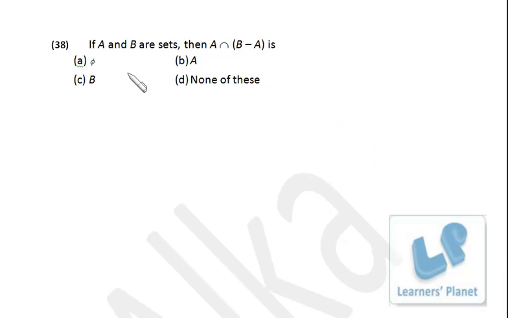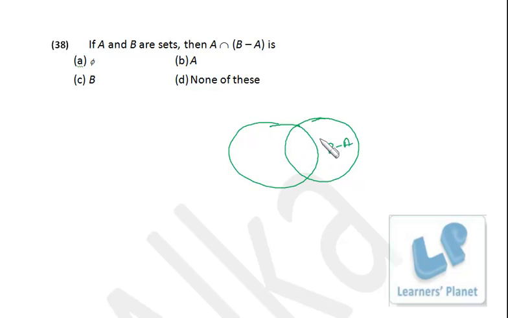Now see this, A and B are sets, A intersection B minus A. That's A, that's B, that is B minus A is this portion. Now B minus A itself means it's only B, right? No A is there. B minus A is this portion, right? And A is this complete portion.